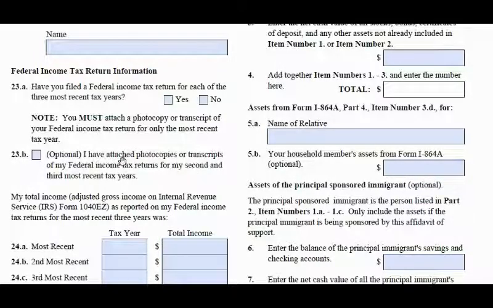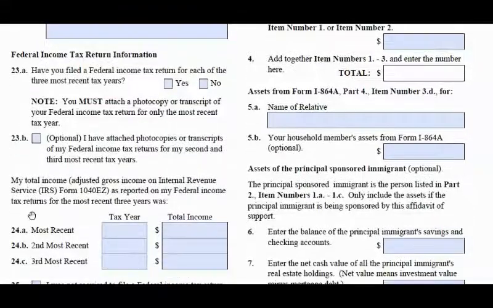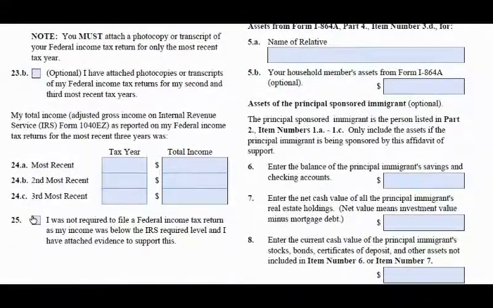So I have attached a copy or transcript of my federal income tax return for my second and third most recent years. Basically, let's say you don't have your 2017 tax return copy, but you have 2016 and 2015. That's when you're going to check this, but this is optional, you don't have to. Okay, and then you're going to provide your income.